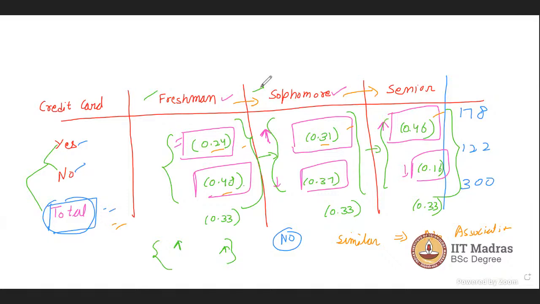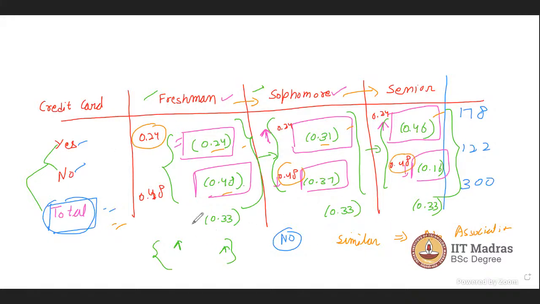Let's suppose it's the same value for every column: 0.48, 0.24, 0.48, 0.24, 0.48. So you can see that as they move from first year to second year to final year, their proportion of owning and not owning remains the same.